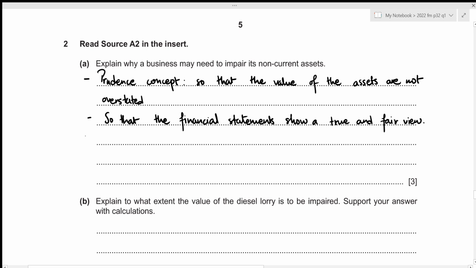And the third reason was due to IAS 36, which deals with impairment of assets.